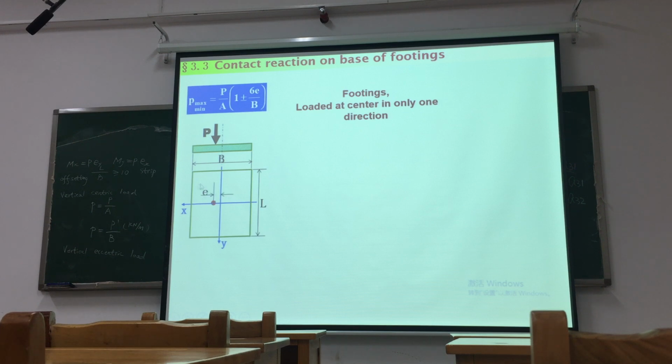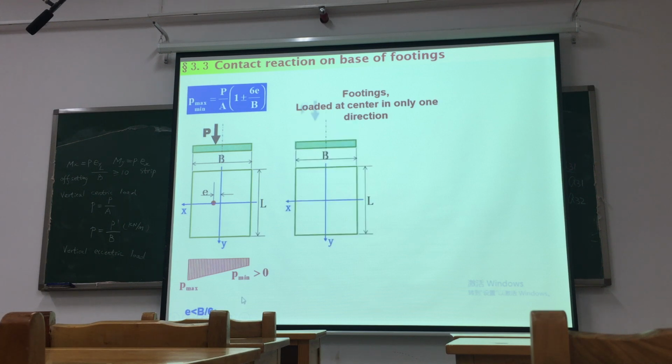Okay, here if the offsetting is less than width divided by 6, the distribution will be trapezoid. If the offset equals width divided by 6, the distribution is a triangle. In this case, the minimum equals 0.